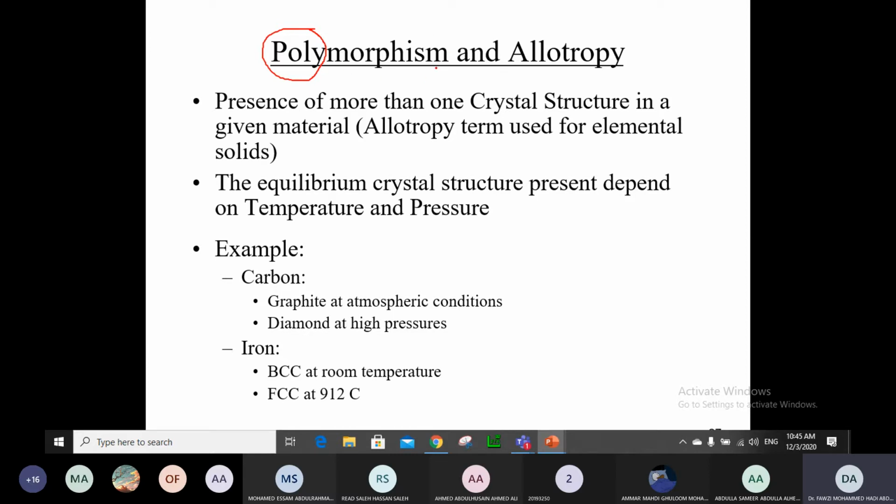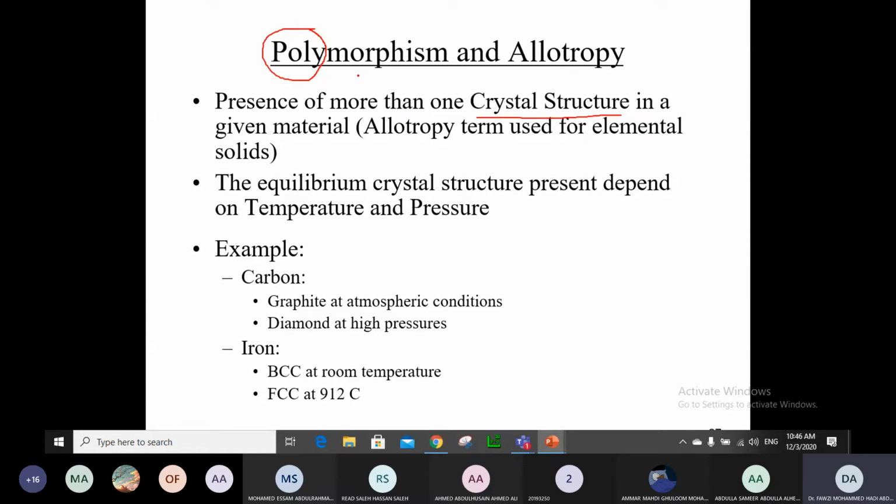Morphism, polymorphism. Morphism comes from the word morphology. Morphology is basically the crystal structure. So when you say polymorphism, that is many morphologies, many crystal structures, and this is a behavior. We call it also allotropy, but basically we better use polymorphism.